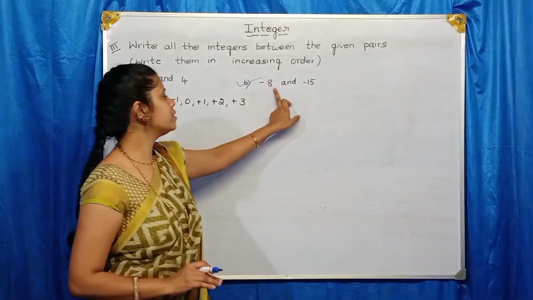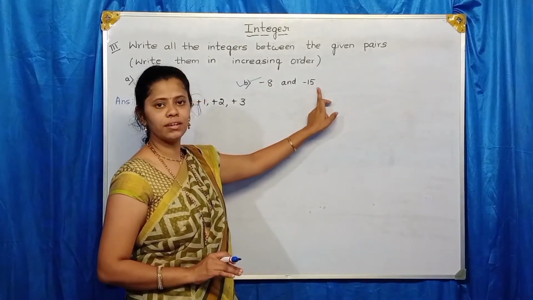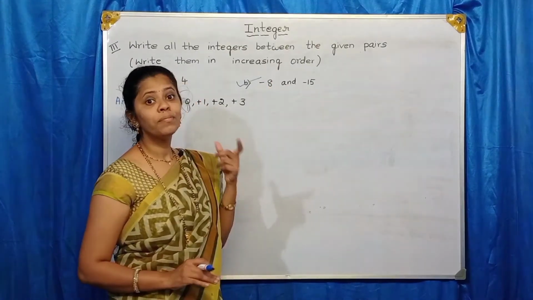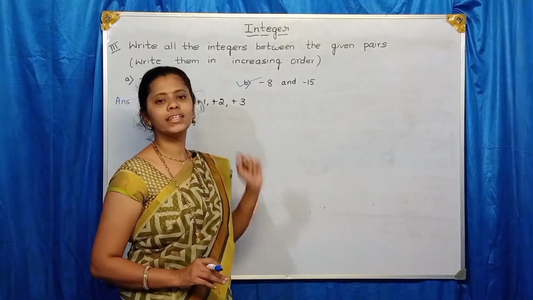Now, let's solve the second problem. Second problem is -8 and -15. Which numbers will come in between these two numbers? See here, both are negative numbers.